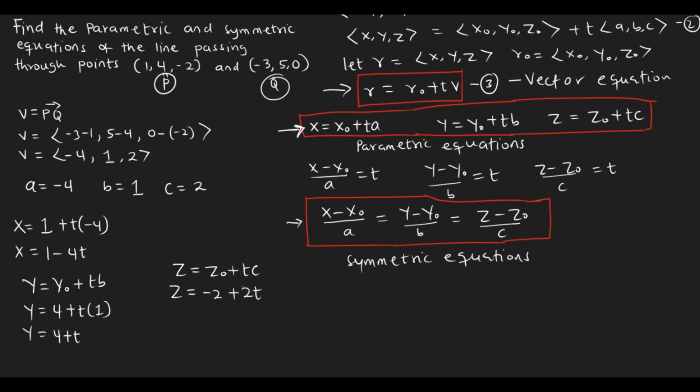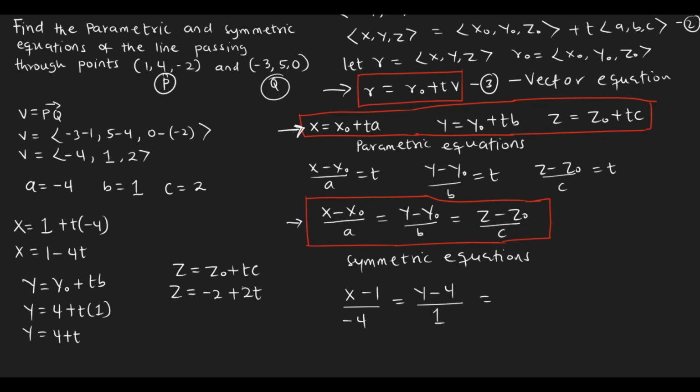From here you are going to find the symmetric equations. We already know the point and the vector components. For the symmetric equations, you are going to have x minus x naught. We know x naught to be 1, so that will be (x - 1) divided by a, which is -4. This should be equal to (y - y naught), so that will be (y - 4) divided by b, and you know b to be 1.